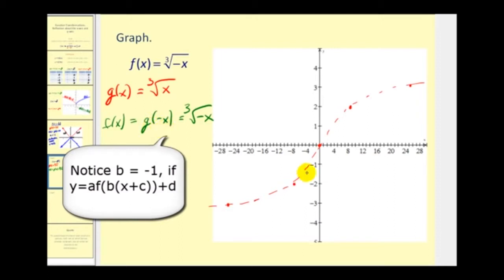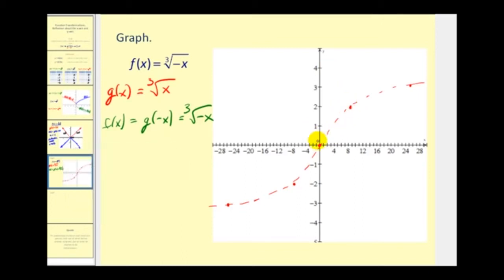So let's go ahead and just replot these points by changing the x coordinates. So we still have 0, 0. And then instead of 8, 2, we'll have -8, 2. Instead of 27, 3, we'll have -27, 3. And instead of -8, -2, we'll have +8, -2.